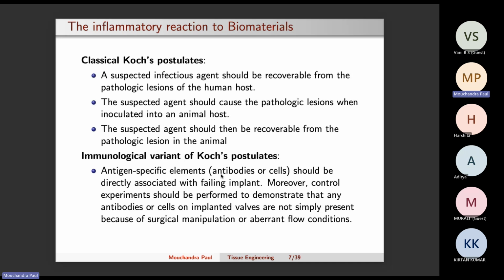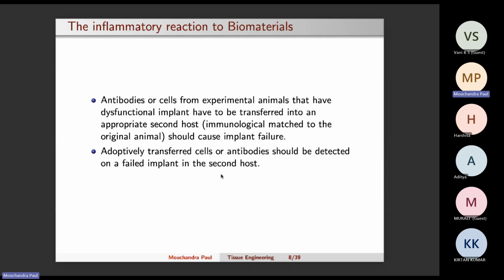So once you have recovered your antibodies or those cells, you have to take those cells or antibodies and transfer them into an appropriate second host, which is immunologically matched to your first animal. You transfer them to the second host. Along with it, you also transplant your implant. Okay. And wait for the implant failure to happen.